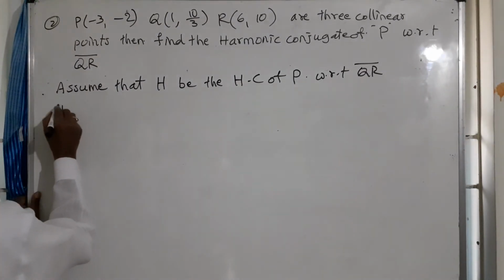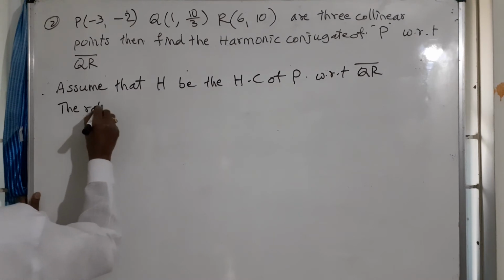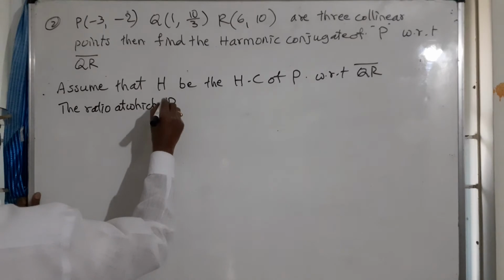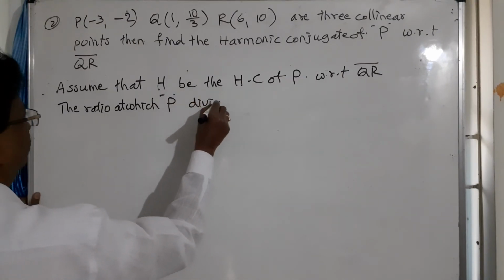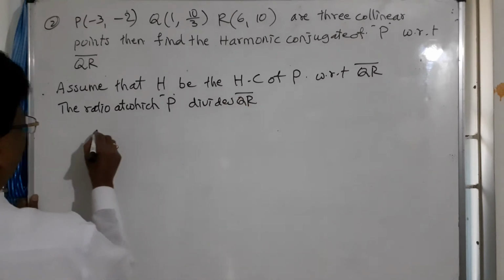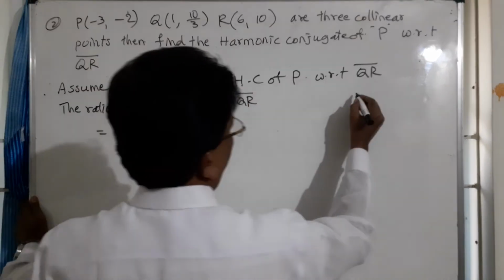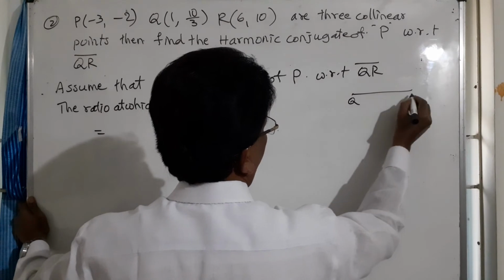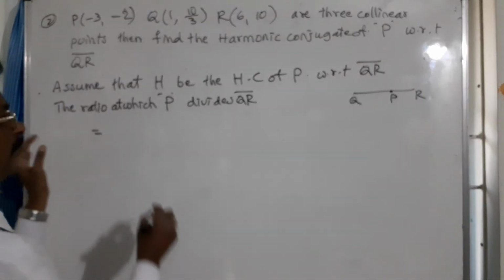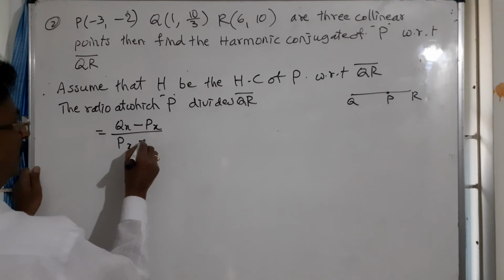So the ratio at which P divides QR. What is the formula? Now in the QR line segment, P is the dividing point. So QX minus PX divided by PX minus RX.